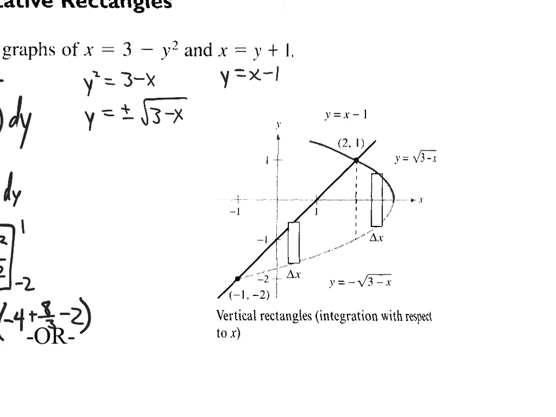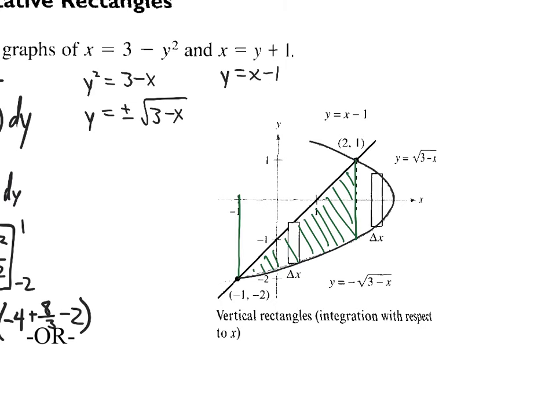Okay? If I'm going to do vertical, then as I go from -1 up to 2, notice the top function is that y equals x minus 1, and the bottom function is going to be the negative square root of 3 minus x. Okay?